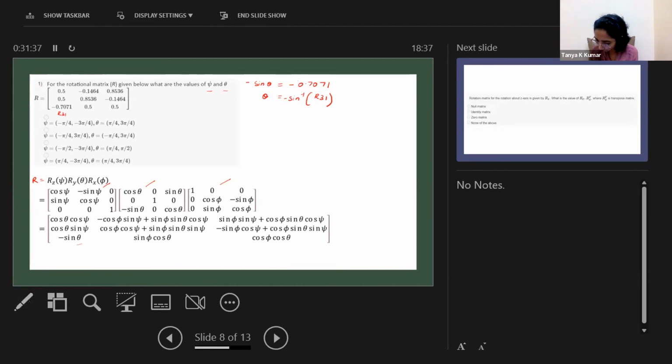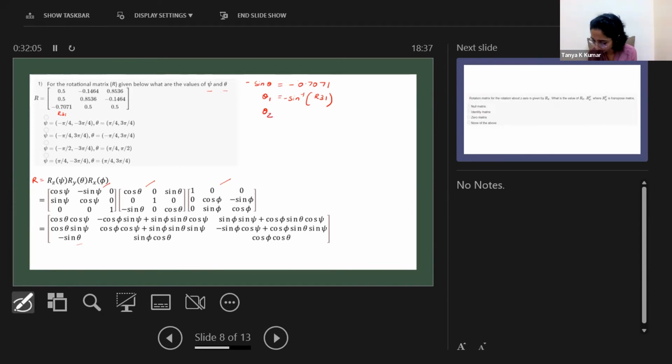What happens here is this value and pi plus this value both give you the same sine, so you will have two theta values. Theta 1 is this. Theta 2: sine theta and sine of pi minus that angle both give you the same sine value. So you have two possible solutions.